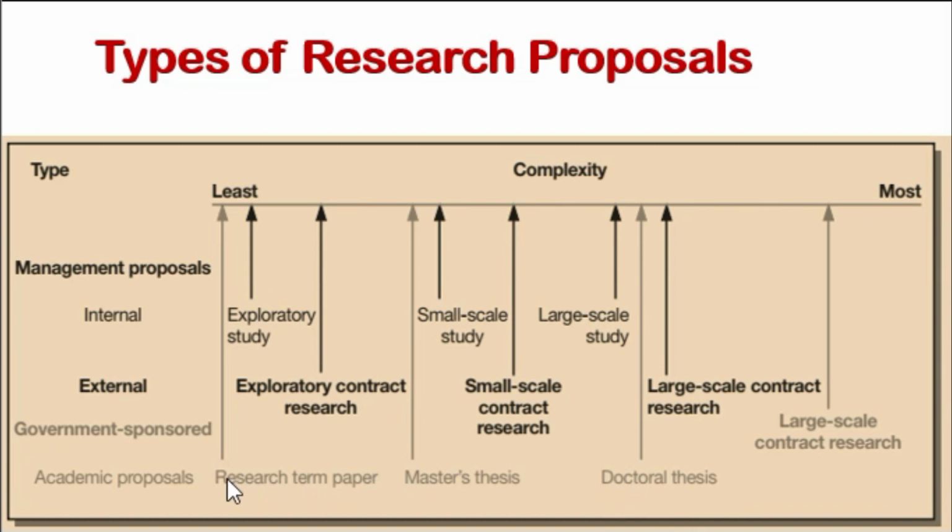And as you can see, a research term paper is the least complex of all. So we have a complexity scale, and then we have some exploratory study which are more complex.